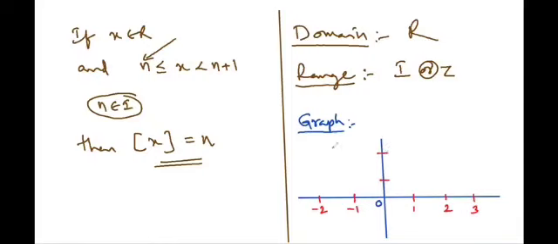But now if you look at the real numbers between 0 and 1, for all those real numbers between 0 and 1, step 0 is 0. Step 0 is 0 itself. So we'll mark here, this is 0. And up to 0.999, step of 0.99 when we take it, it will give us 0 only.